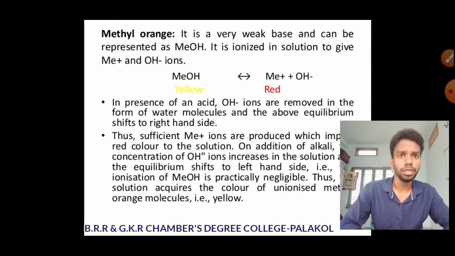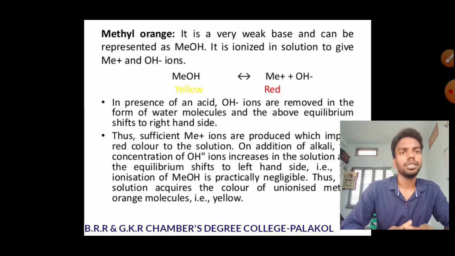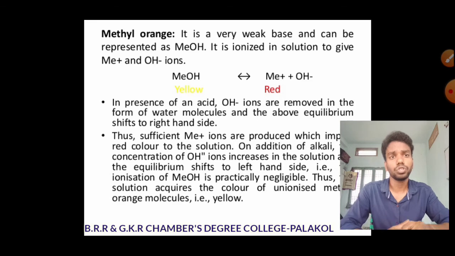Okay, right? So what is the point? Methyl orange in acidic medium shows red color. Why? Because in acidic medium the reaction goes towards the right hand side, a neutralization process takes place, so methyl orange is present in ionized form, and in ionized form methyl orange shows red color.